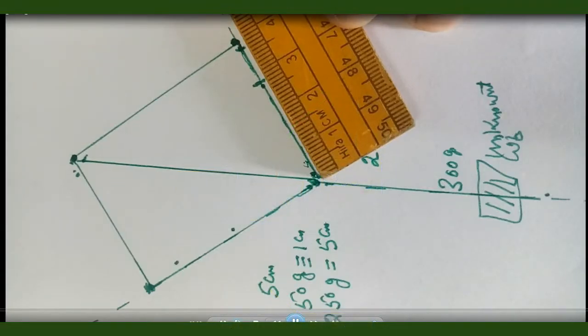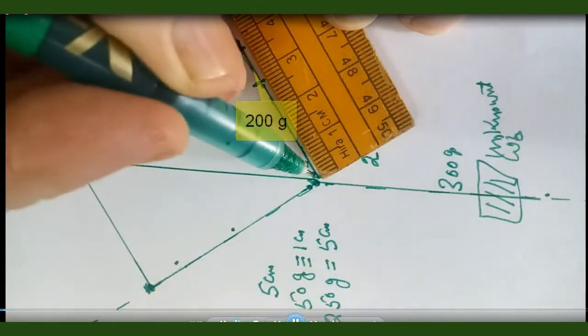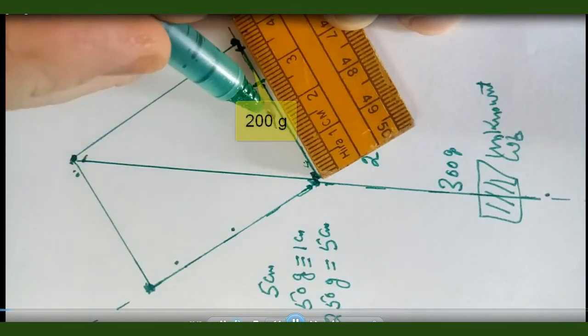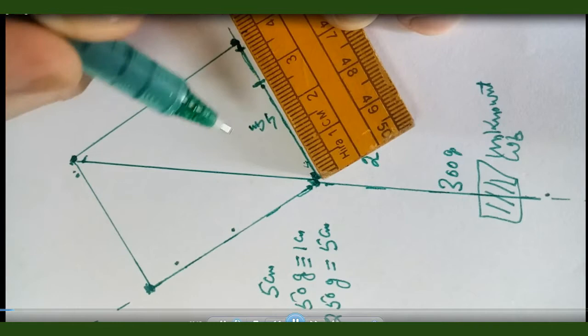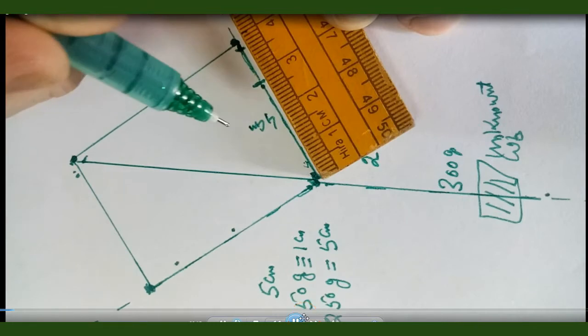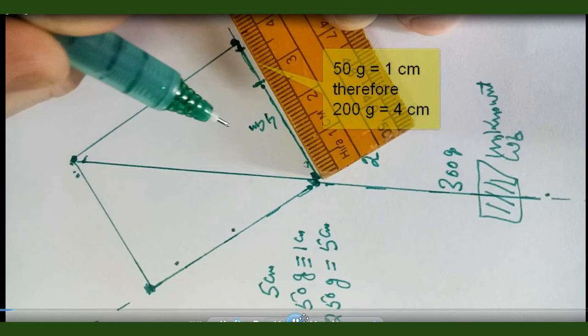Now we'll complete the parallelogram. How? Because along this side, the weight was 200 gram. I have chosen a scale such that 50 gram is equivalent to 1 centimeter.